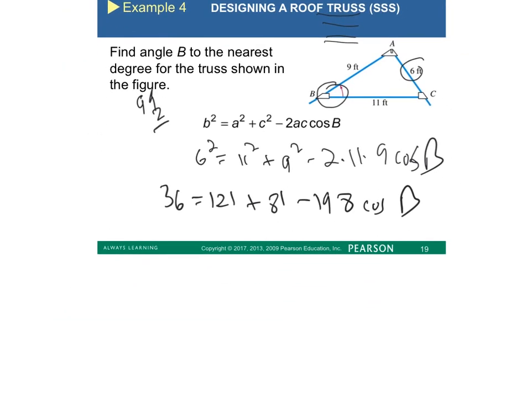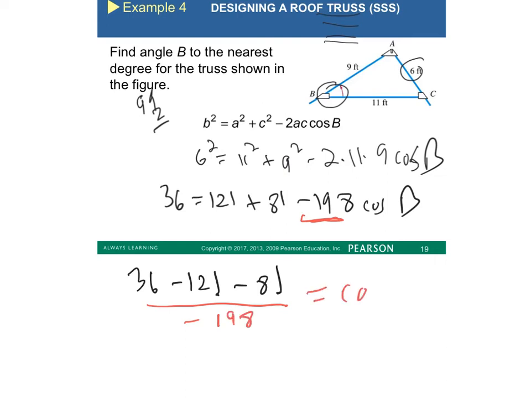Either way, I've got to take 36, bring the 121 over, bring the 81 over, and divide by this part that's next to cosine of b. Divide by negative 198 will equal the cosine of b.